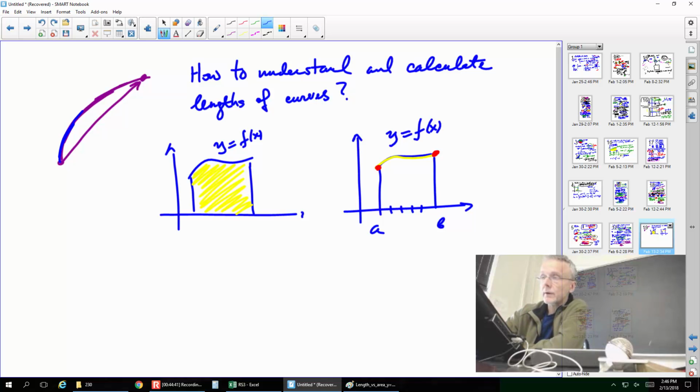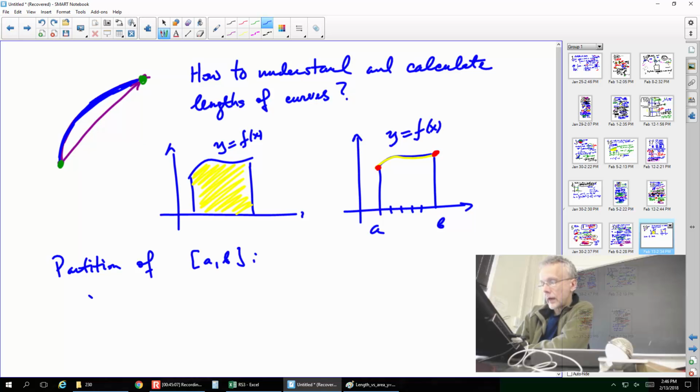So if this is my curve, I will split it into smaller pieces, and then I will approximate my curve with a straight edge according to the distance formula. So we start with a partition of [a, b]. We have x naught is a, then less than x1, less than x2, less than xn, which is b.